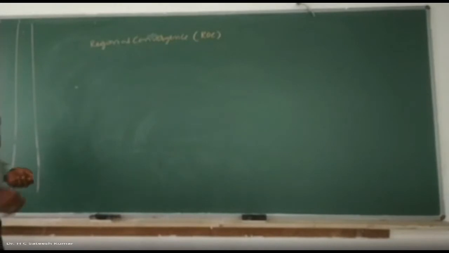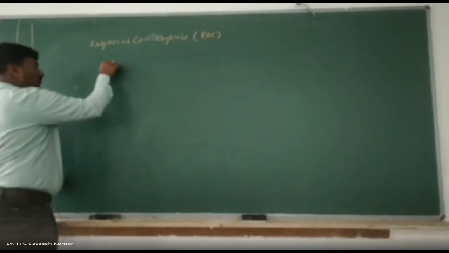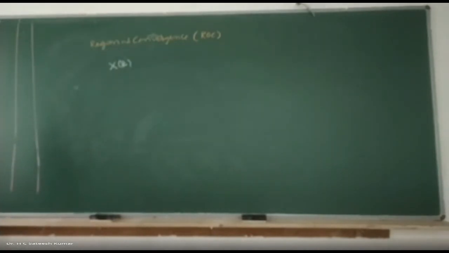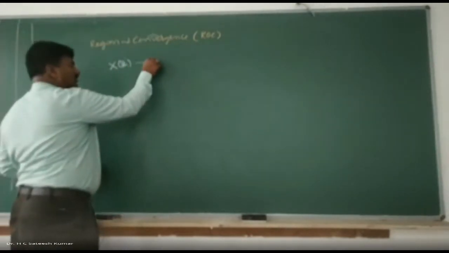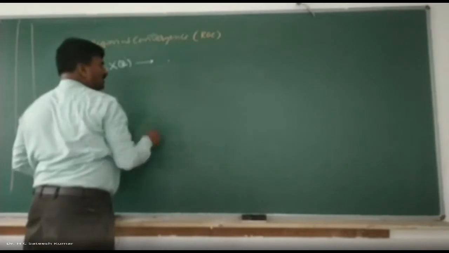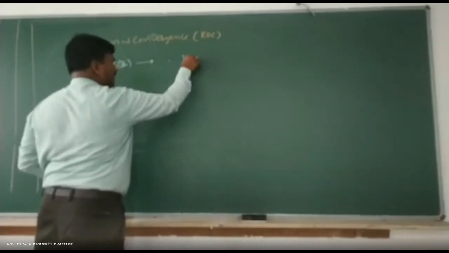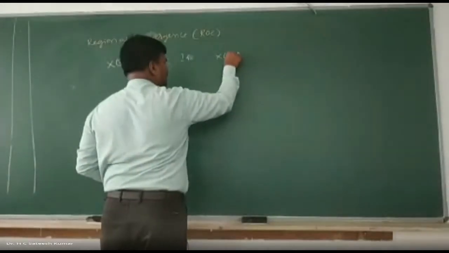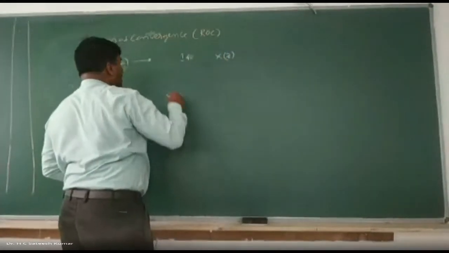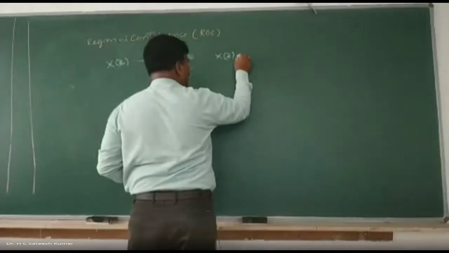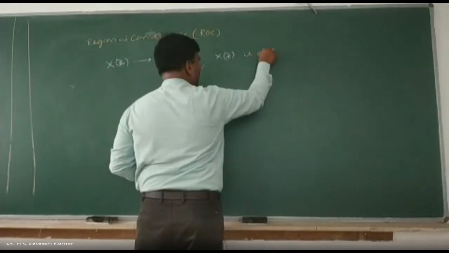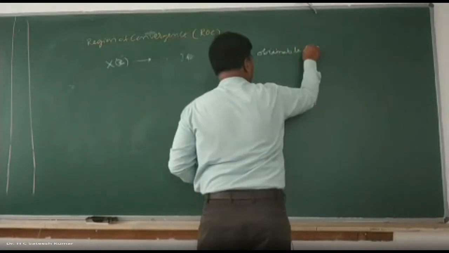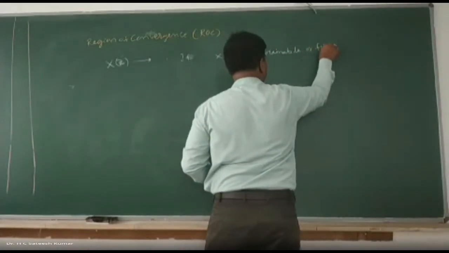First of all, when do you say a quantity x of z is convergent? X of z is said to be convergent if x of z is obtainable or finite.